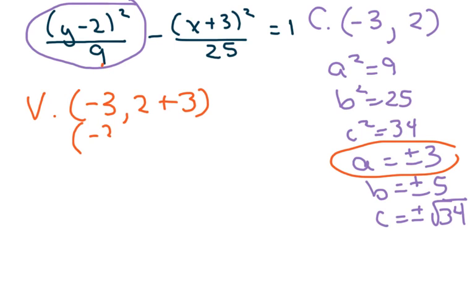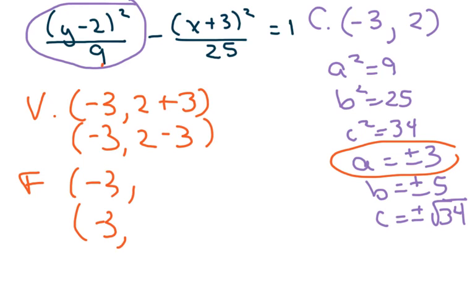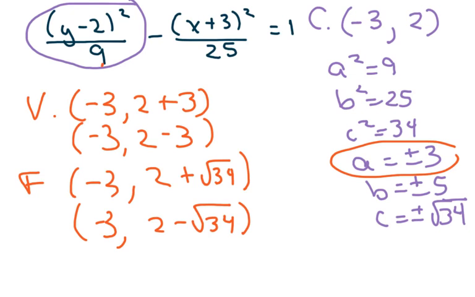And then I write it again, and it's going to be 2 minus 3. Okay? And your foci is the same thing. Copy down your center. So we were just copying down the x, 2. And you're adding square root of 34. And you're subtracting the square root of 34. All right? Your slope's going to be 3 over 5, plus or minus 3 over 5.